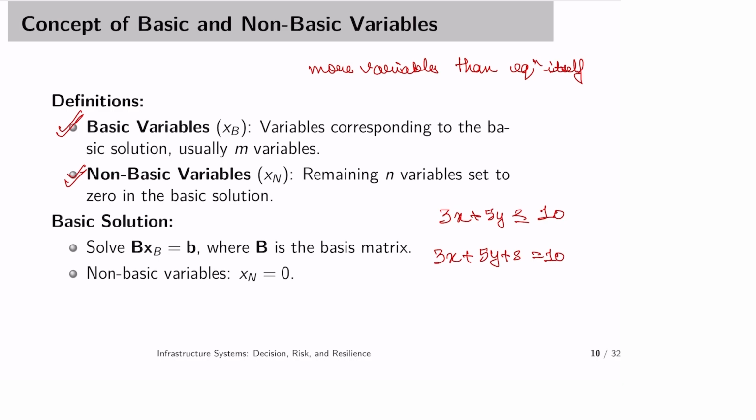So to address this, what we do is that we force at least two variables to be equal to 0. So we can say that if y happens to be 0 and s happens to be 0, I get my solution x as 10 by 3. In this case, whatever variables I have forced to be 0 would be called my non-basic variables.